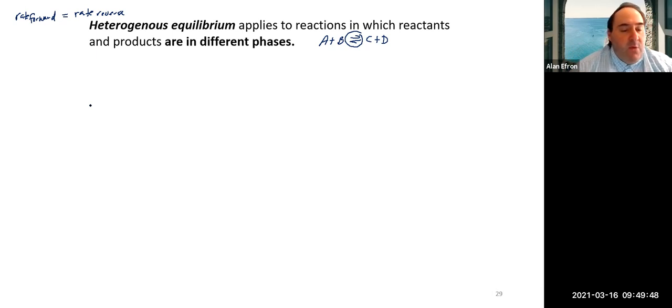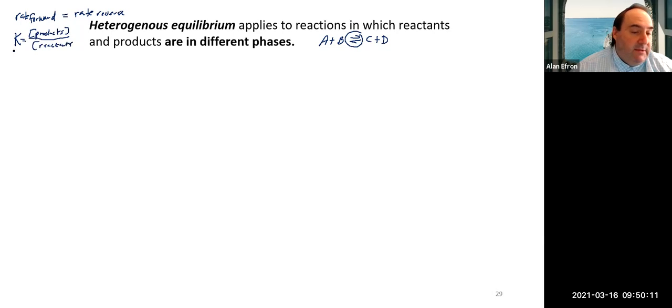We talked about a relationship known as the equilibrium constant, which is the big topic in this class, and that is capital K, not to be confused with lowercase k, which was our rate constant. Capital K is the concentration of our products divided by the concentration of our reactants.